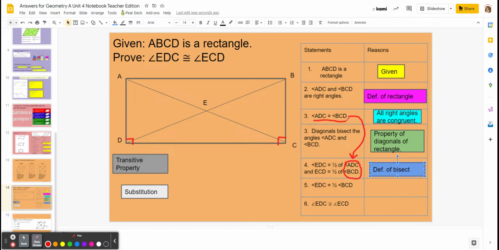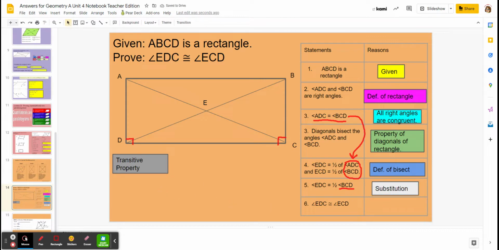Since I said they're equal, I can now replace that. So I can put BCD in there instead of ADC. That's the substitution property. If I said they're equal, I can substitute it anywhere in there. So that's substitution.